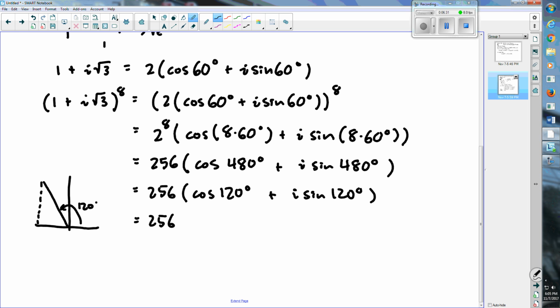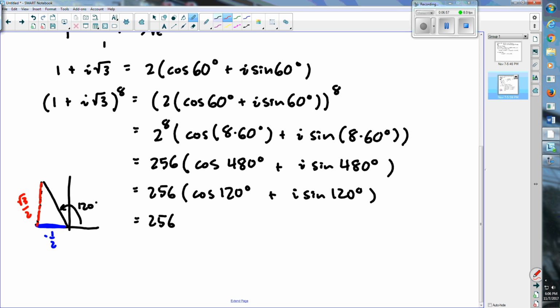For the cosine of 120, the piece along the bottom of the triangle that I'm drawing in blue has a length of a half, and since we're in the second quadrant, it'll be negative 1/2. And the dotted line I drew in red has length √3 over 2, and we should know that angle is 120 degrees.